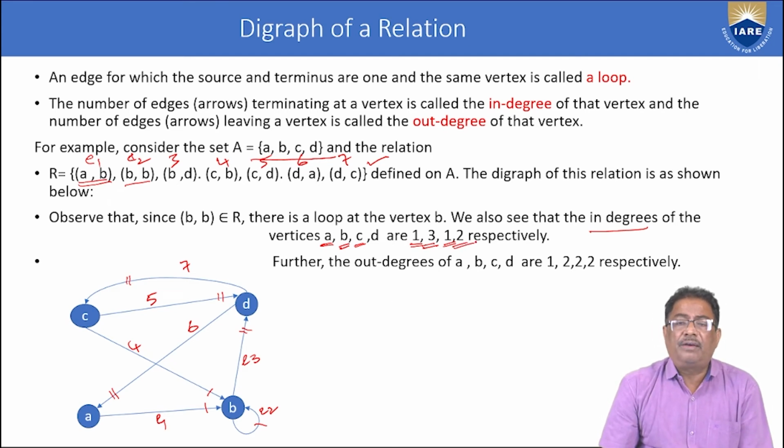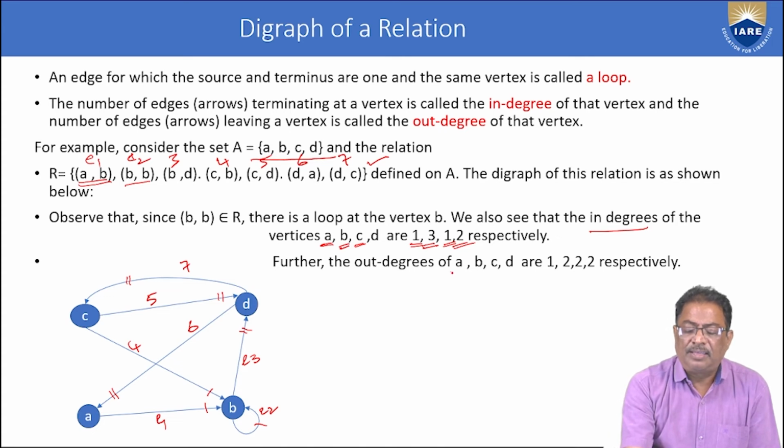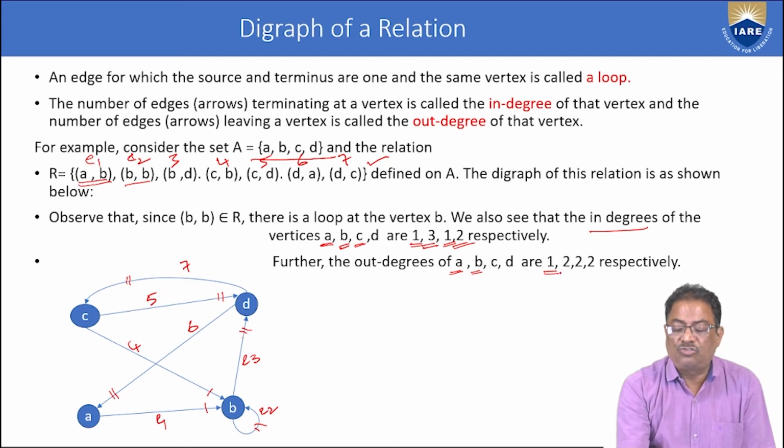Then, the out degree of the vertices. The number of edges leaving that particular vertex is known as out degree. Let us take A out degree. What is A out degree? Only 1. And B out degree? This is 1 leaving and another 1, so it is 2.